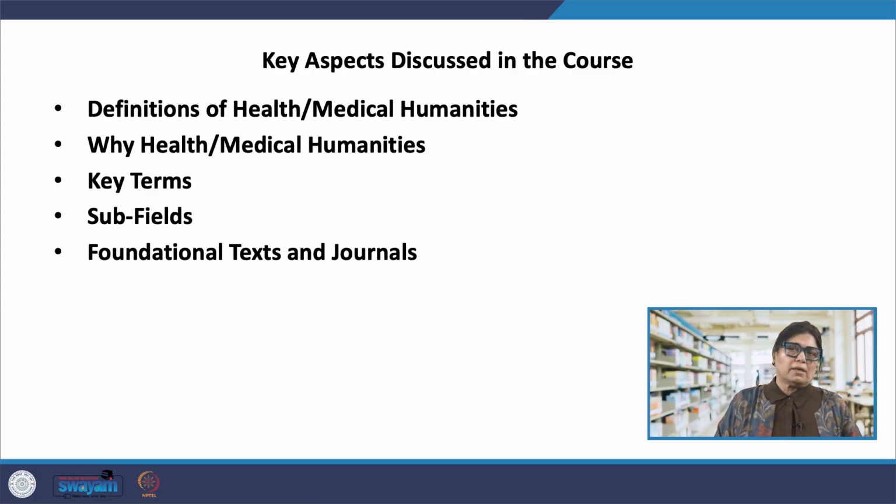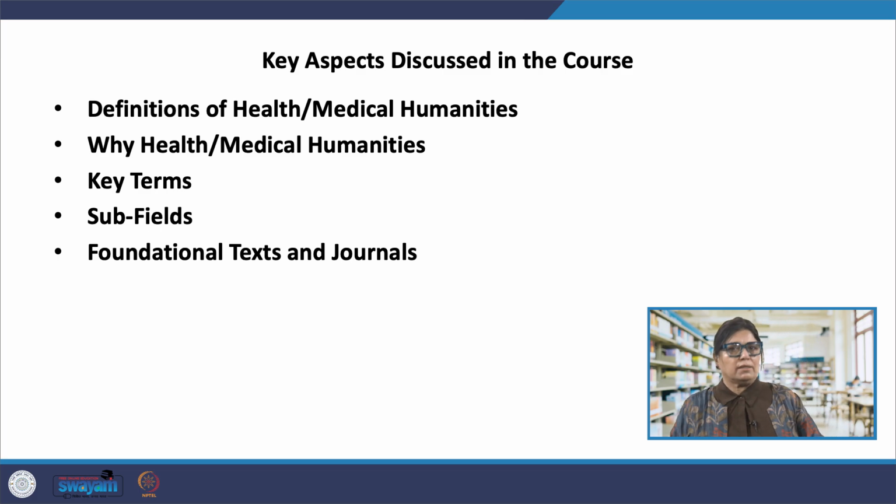The key aspects discussed in the course: definitions of health and medical humanities; why health and medical humanities, which is the most prominent question; the key terms to drive the course meaningfully; then subfields of the course, and also foundational texts and journals, and how to publish in the area of medical humanities and health humanities.